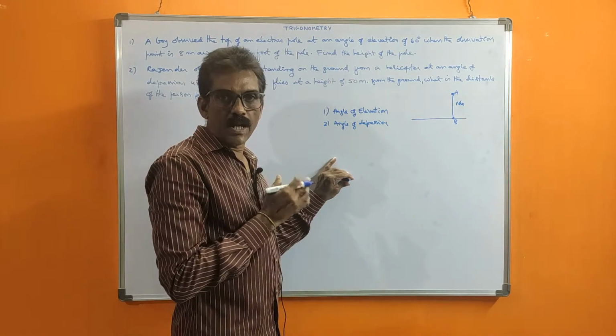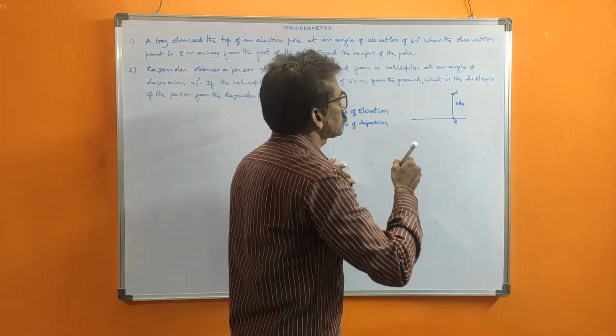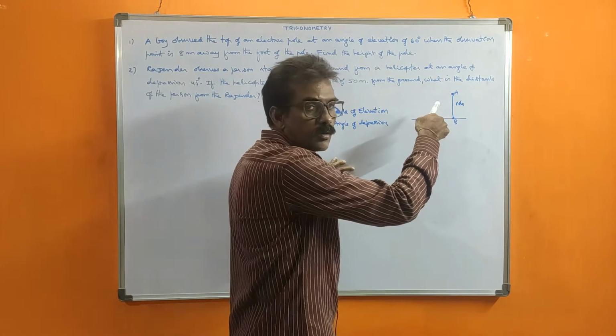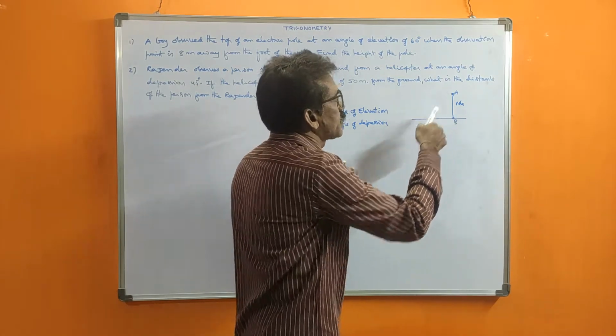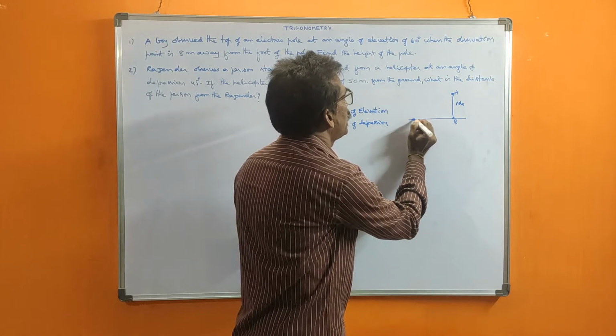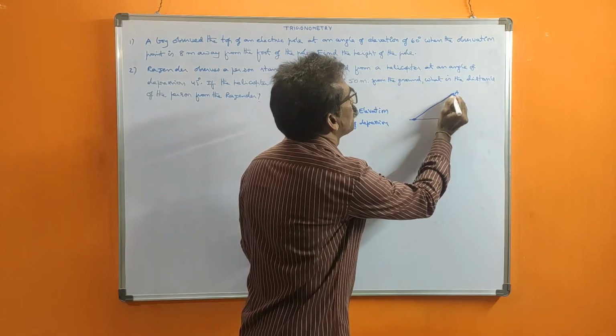How can you measure the height? By using the trigonometric technique, first of all we should observe the top point by standing on the ground. Suppose I am standing here, seeing this point.